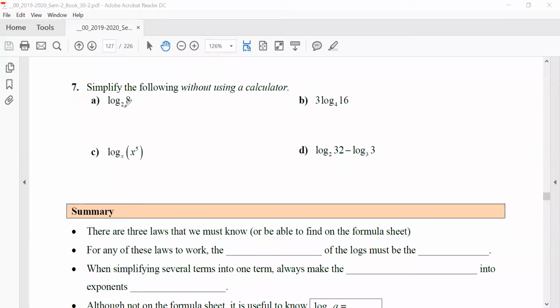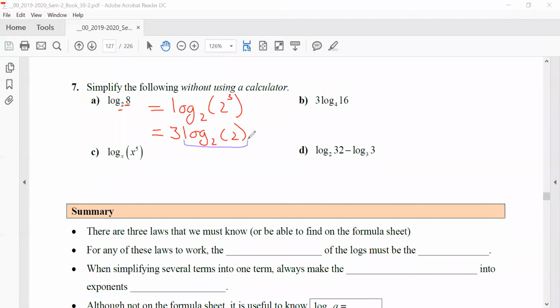So what I'm going to notice here is that I've got a base of 2 and I've got this 8. So I'm going to change that 8 into 2 cubed, just like that. And what can we do with that exponent? We can use the power law. That 3 becomes a coefficient. And I didn't leave you much room here, but do you remember what happened with this piece right here?